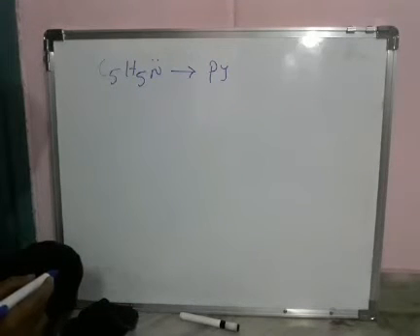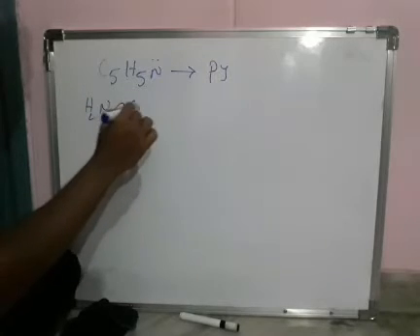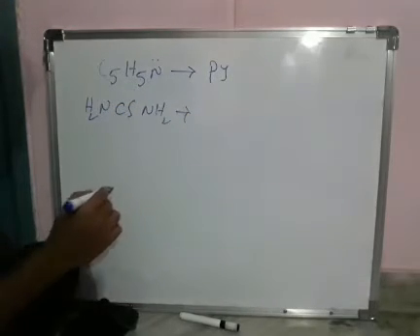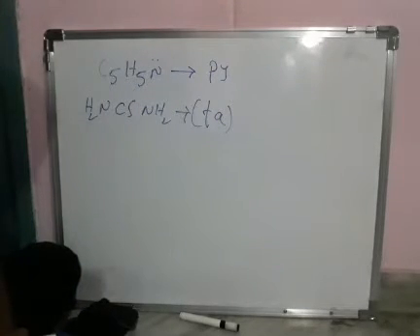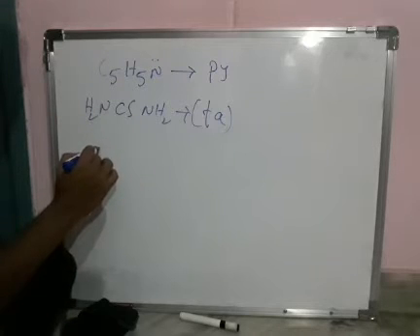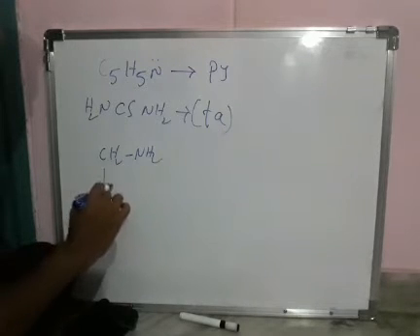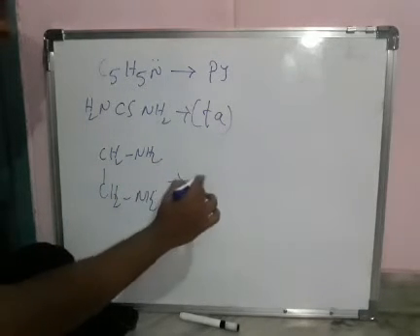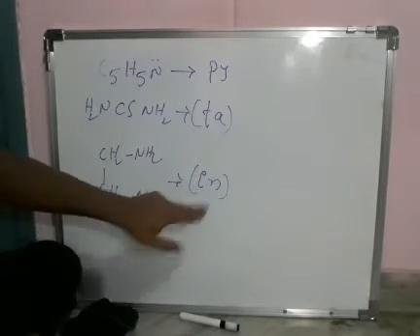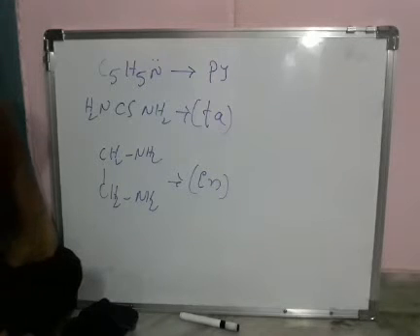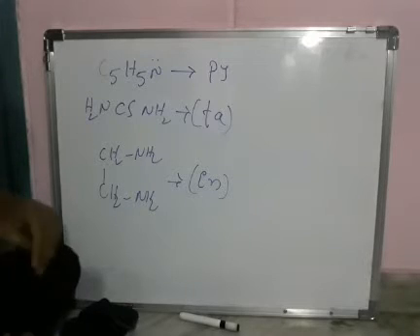And thiourea, NH2CSNH2, is represented as Tu. And like that ethylene diamine, NH2CH2CH2NH2, is represented as En. Ethylene diamine is symbolized as En. Like this, the given ligands must be mentioned.